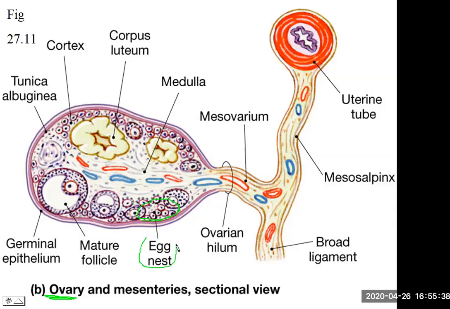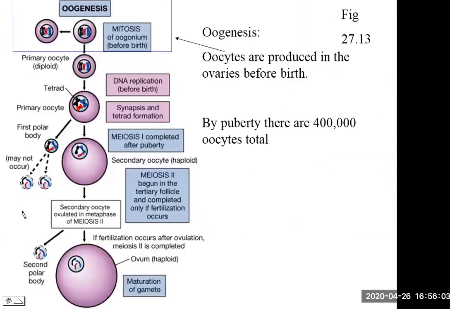So the majority of the mitosis, the creation of stem cells, has occurred before a woman's born. And now, over time, once a girl reaches her reproductive years, now the eggs that are already produced start to develop their follicle structures. And ultimately, at the stage of a mature follicle, the ova is now released out for possible fertilization.